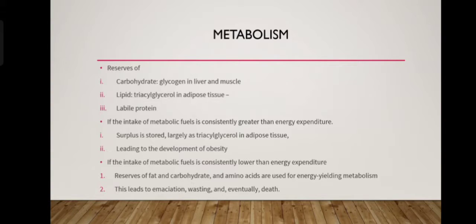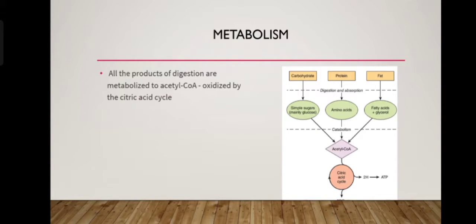If the intake of metabolic fuel is consistently lower than the energy expenditure, the reserves of fat and carbohydrates are depleted. Also, amino acids are used for energy-yielding metabolism. This leads to emaciation, wasting, and eventually death. Here is the diagram of metabolism and how it is categorized into the different types.